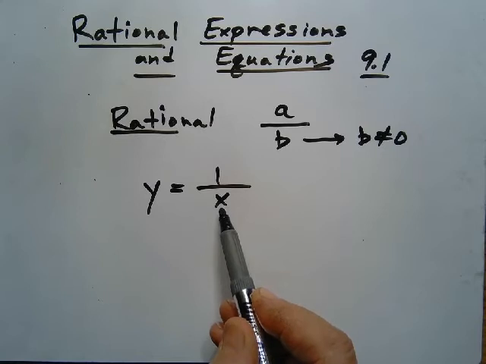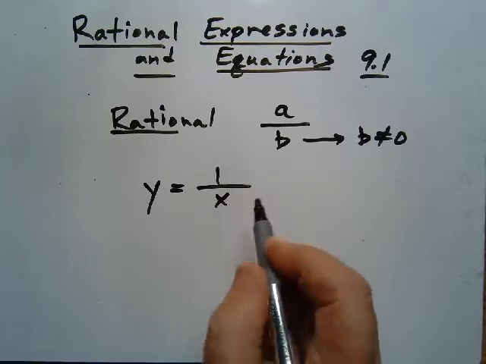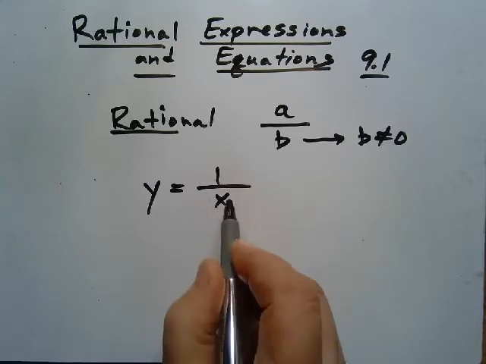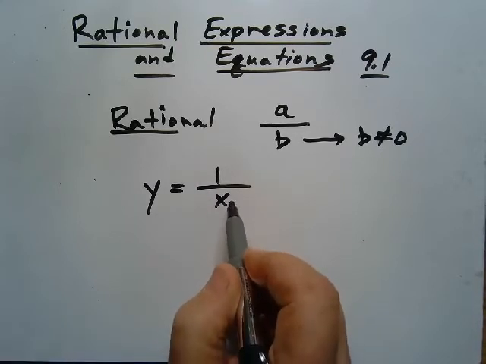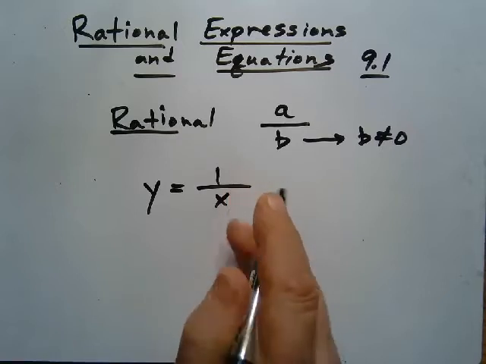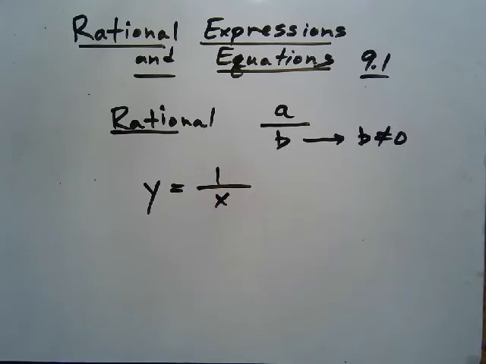Most of the time when we see functions, the x is not down here, it's usually on the top. So rational functions have variables typically in the denominator. If it doesn't have a variable in the denominator, we just call it a polynomial. So that's the basics of what a rational expression or an equation is going to involve. It is a fraction where the variable is in the denominator.